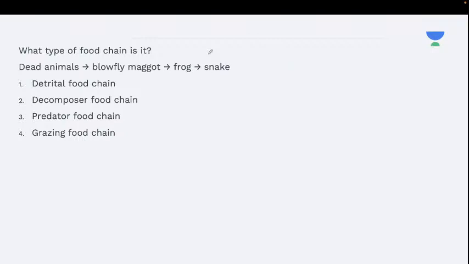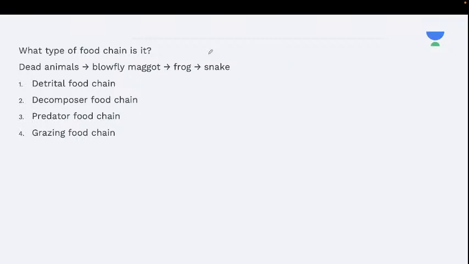Food chain. Another question from your ecology. Dead animals, blowfly maggot, frog, snake.